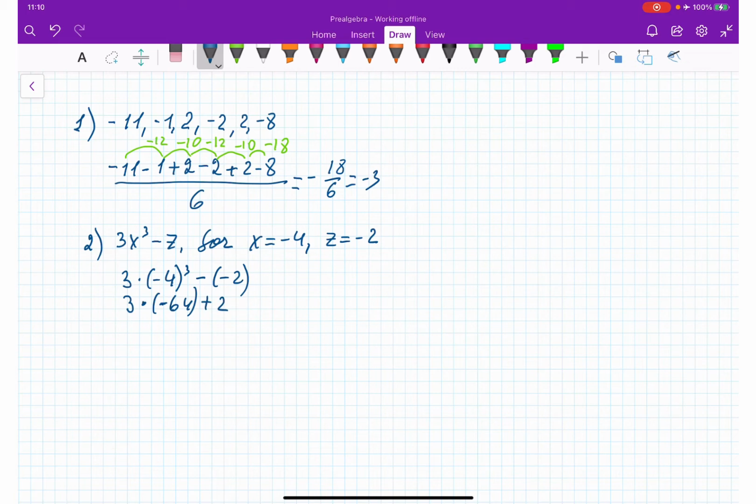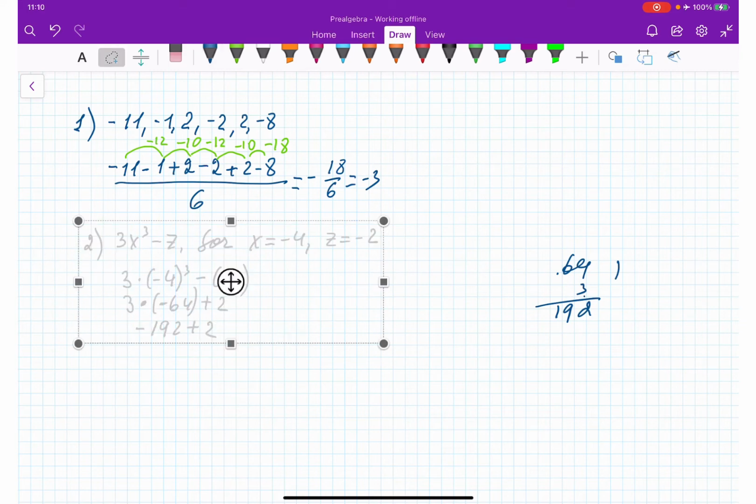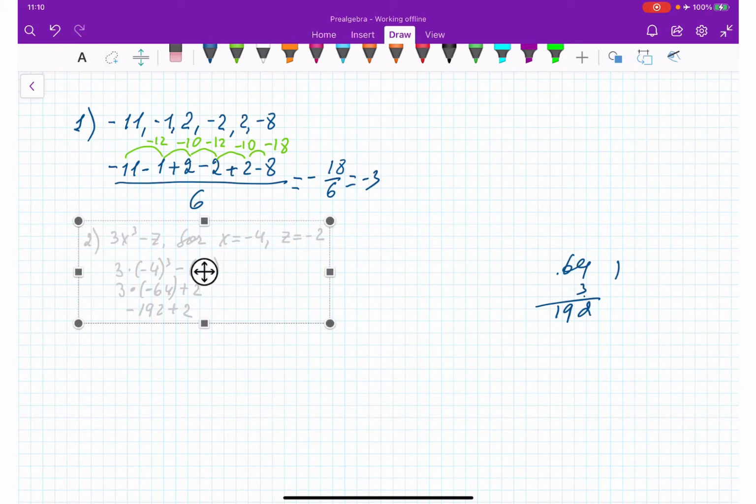So 3 times 64, multiplying 64 times 3. 3 times 4, 12, 1 in mind. 3 times 6 is 18 and 1, 19. Negative 192 and plus 2. Whoever's wondering why negative, open the template I explained in the video with multiplication and division.